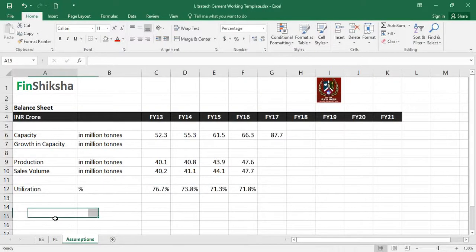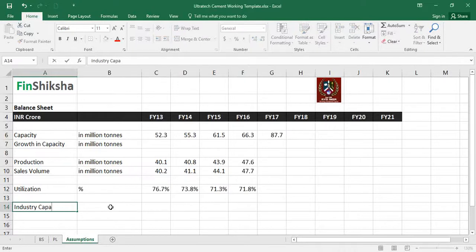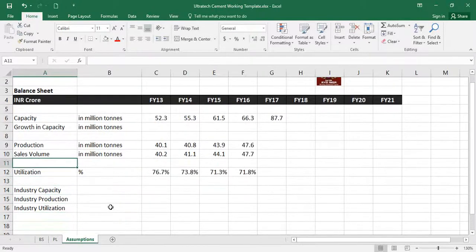We can just put in the data here itself, saying industry capacity in India in million tons, industry production, and industry utilization. This is for the entire cement industry, right?